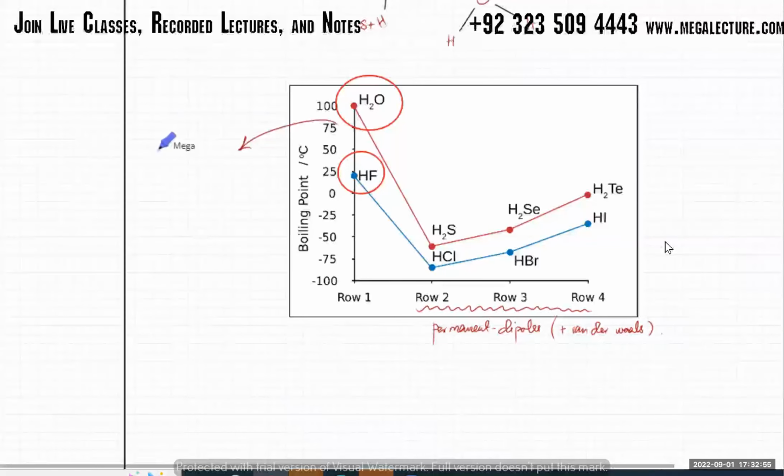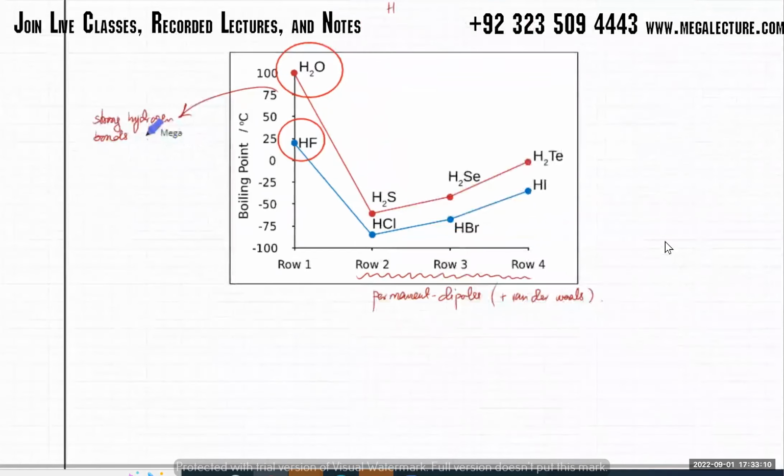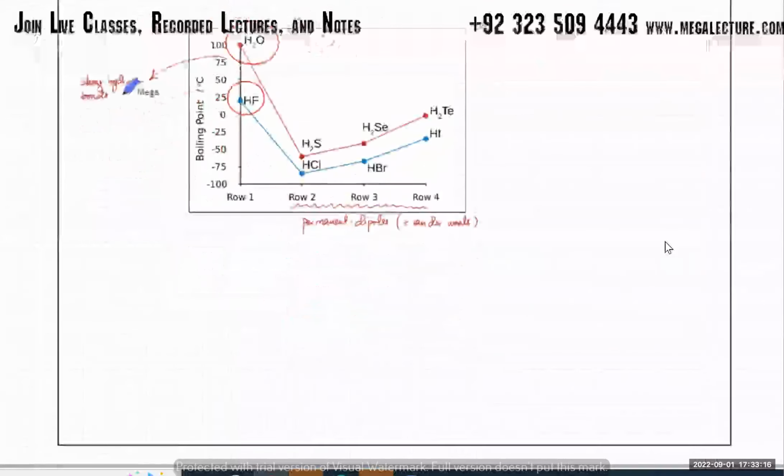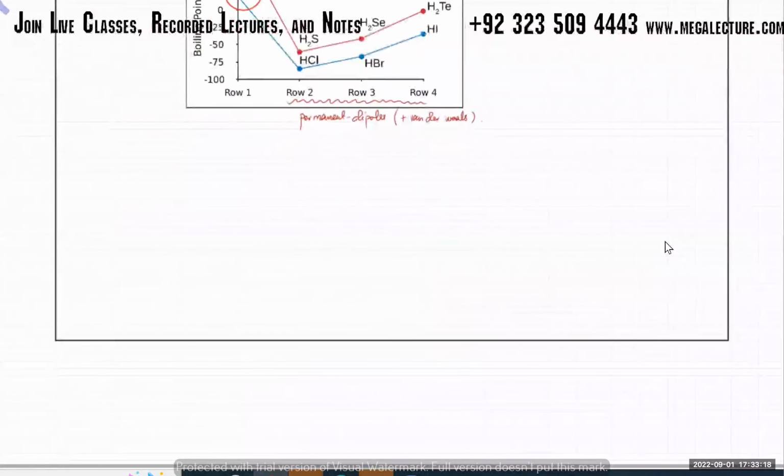They've got a very strong dipole, which is why the boiling points are a lot higher. ठीक है, so they're forming strong hydrogen bonds. So you clear, any molecule that has hydrogen bonds, it's going to have a much higher melting or boiling point. Is this clear?